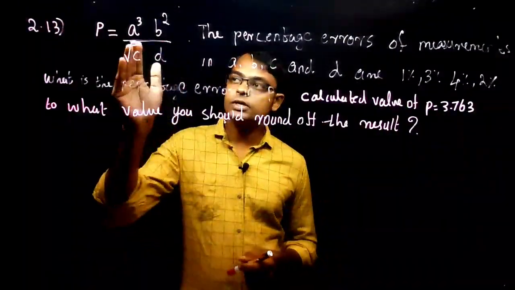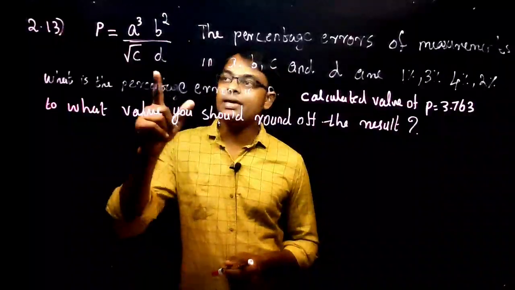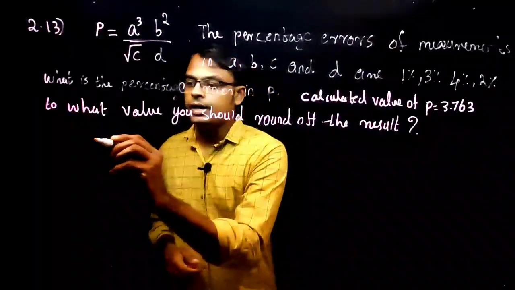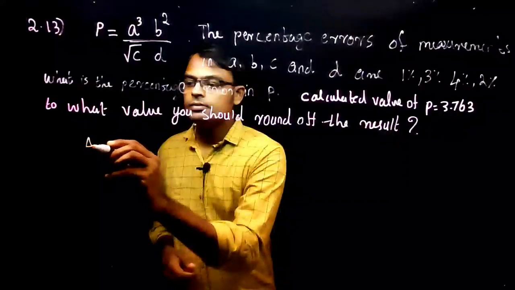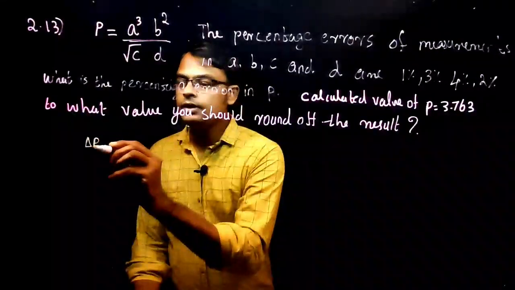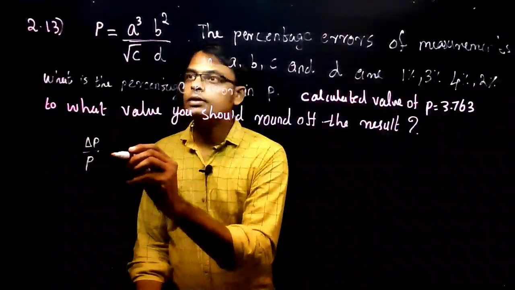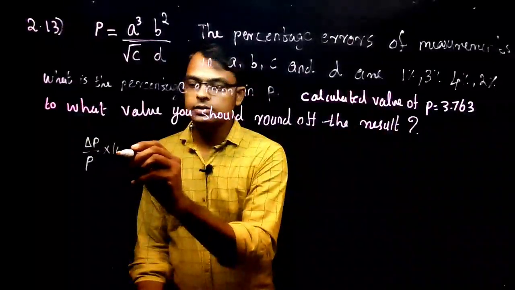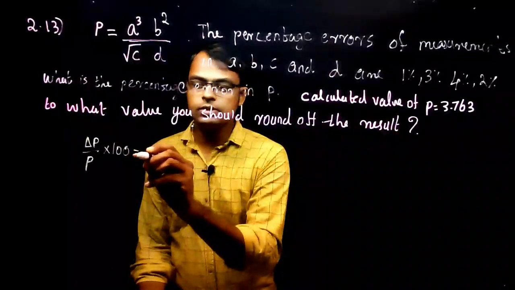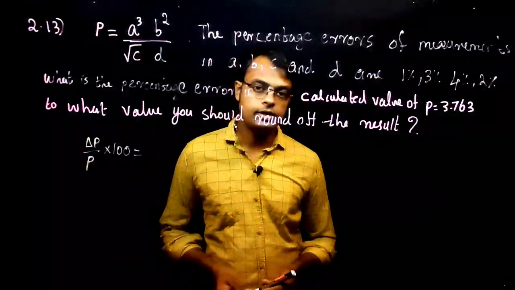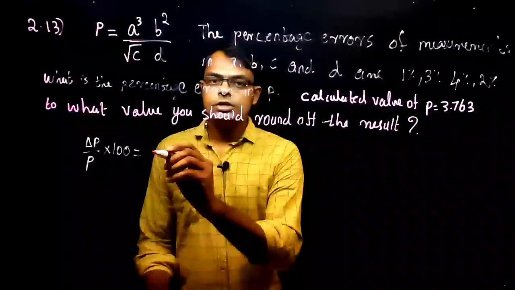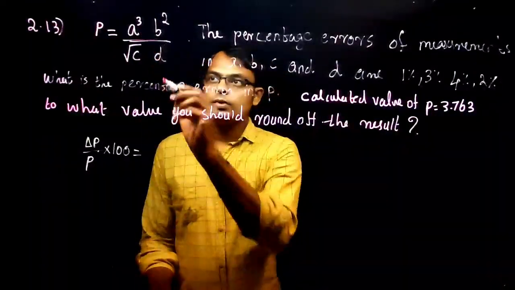What is the percentage error in P? So we can write this formula as delta P divided by P into 100. This is the formula we have learned for the percentage error in a given physical quantity, which is equal to, now, A cube.